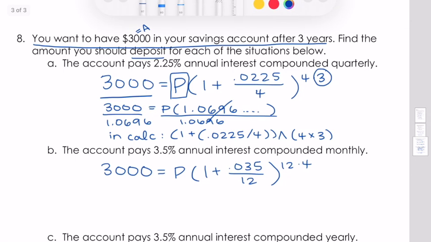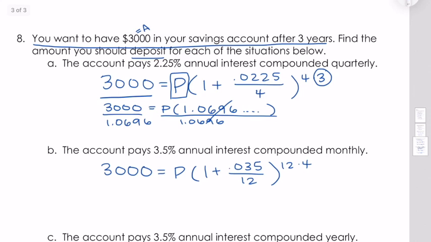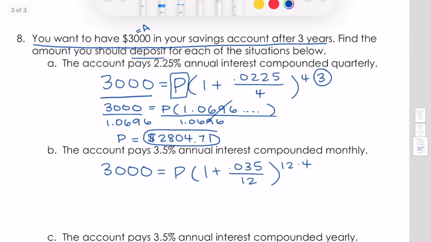I'm just going to erase this so I have room. Then you should get P, what you should deposit, should be about $2,804.71.